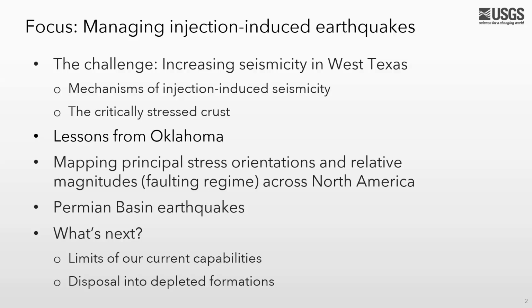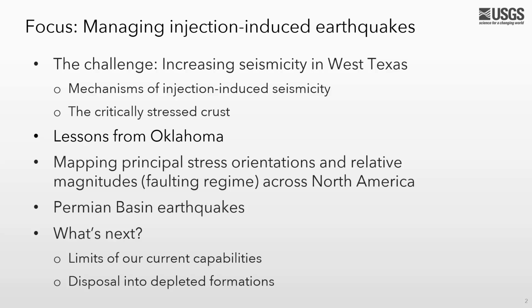So I'm going to talk about a topic that I think is on most people's minds here, which is injection-induced seismicity, focusing on West Texas. Obviously there's been an increase in seismicity here, and I'll talk about mechanisms for how that can happen.